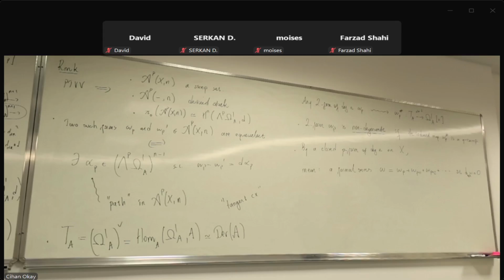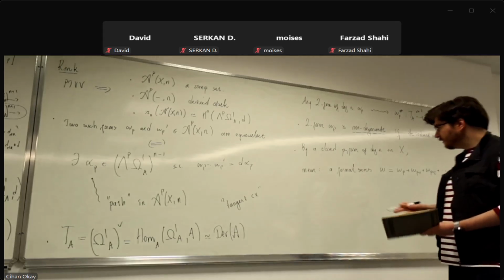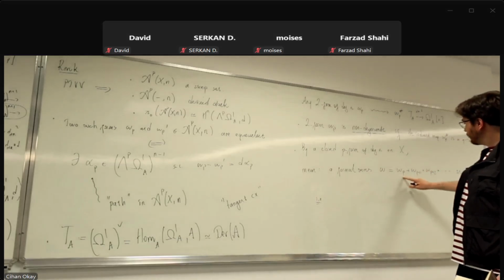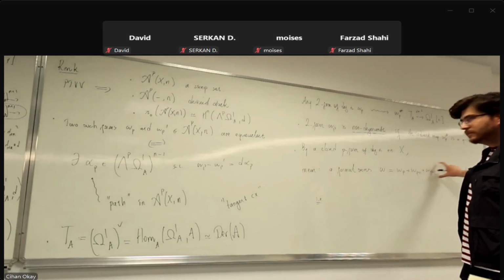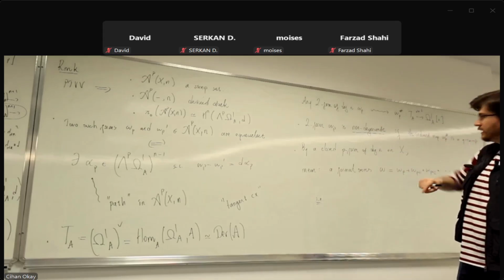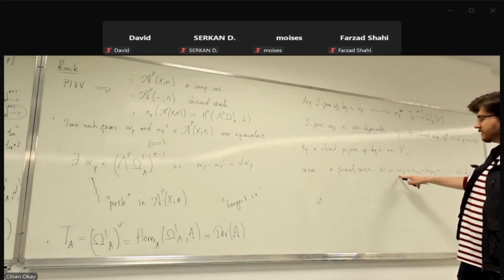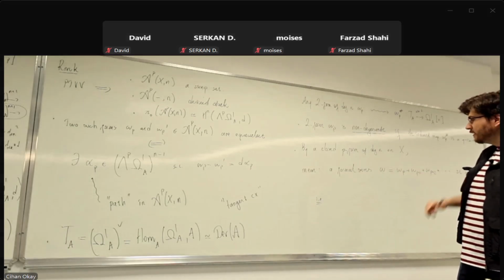Okay, so let me explain what's happening here. It's a kind of cryptic definition. So it basically tells you that you have a sequence of elements like this, not just one element like that, and you understand the notation. Actually, as you see, omega p sits here as a leading element.